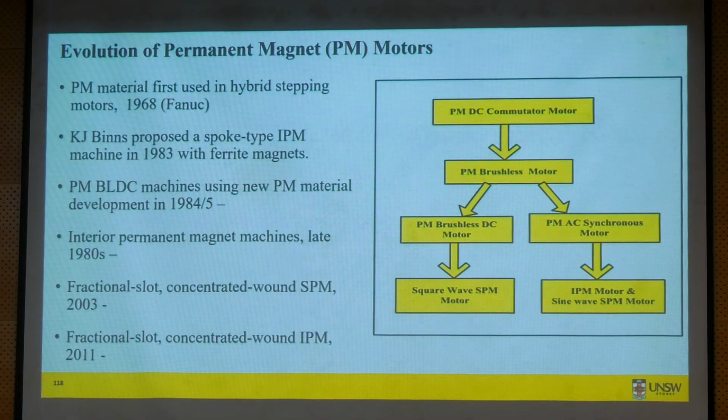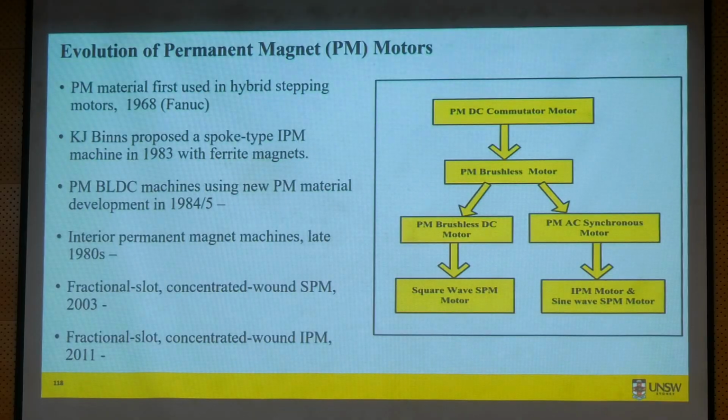So let's look at some evolution, how the PM machine has come about. In fact, the PM machine has come about because of the problem of DC motors, the brushes. The main motivation was to eliminate the carbon brushes of the DC motor. The DC motor's dynamics, the DC motor's control, everything was perfect.